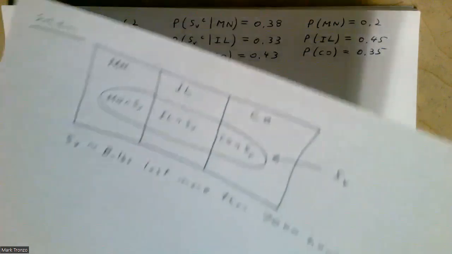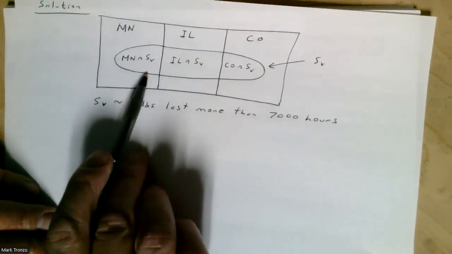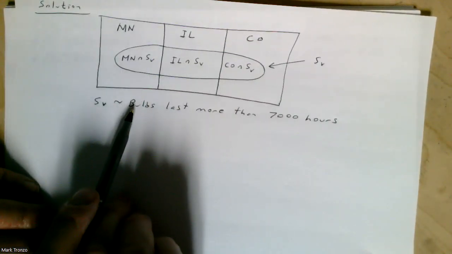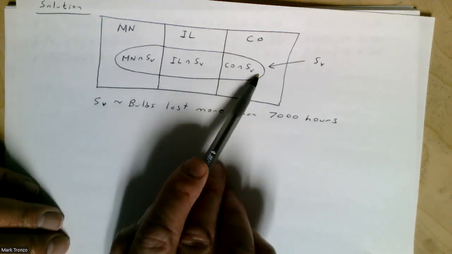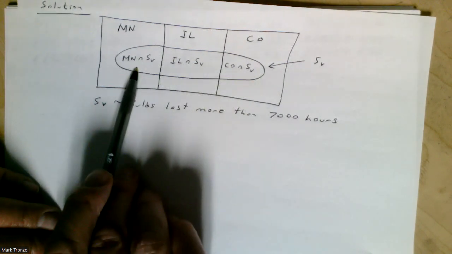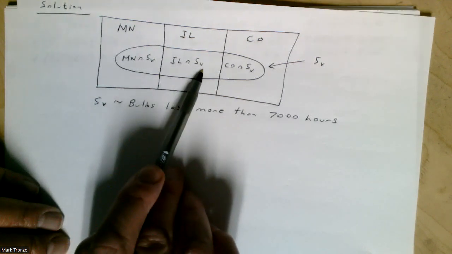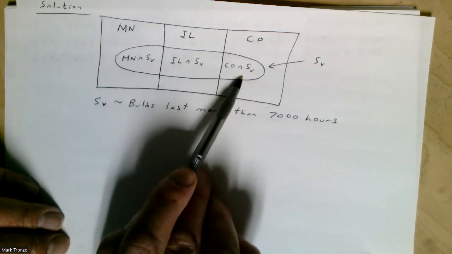And so now if we want this here, we want to know what the probability of SV is. So it's going to be the union of this with this and with this.